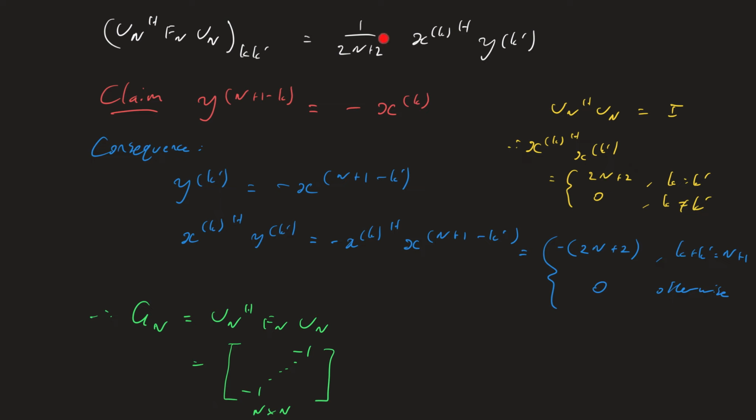Substituting this into here, we see that this matrix here is therefore largely 0, except on the anti-diagonal. When the row plus column sum to N plus 1, then we get a negative 1 appearing here, coming from negative (2N plus 2) divided by 2N plus 2.